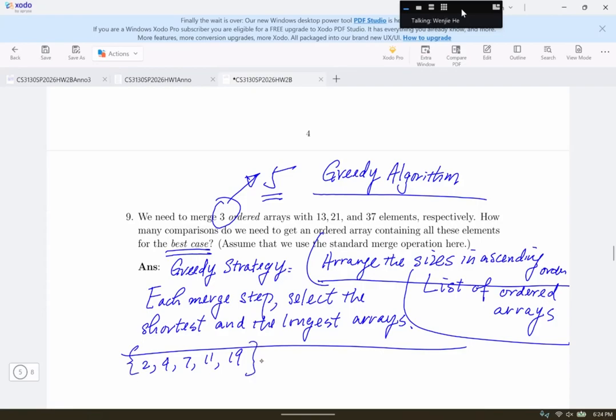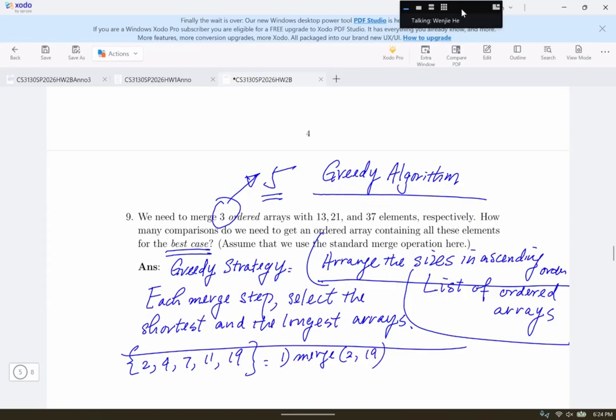Let me apply the greedy strategy on this example. Based on our strategy, in the first step we merge the shortest and the longest: 2 and 19.